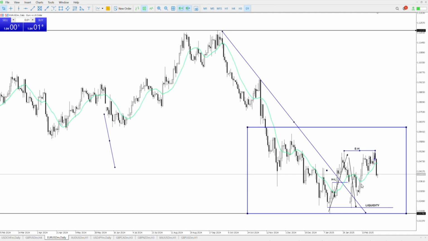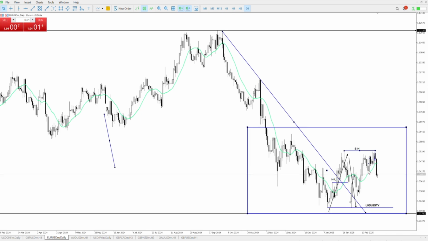Now, clearly, there is no clear breakout from this previous high that was formed. So price retests and bounces back off.